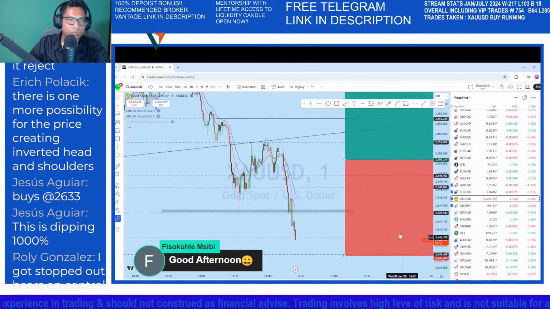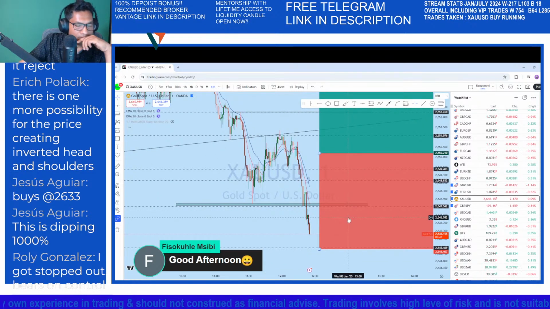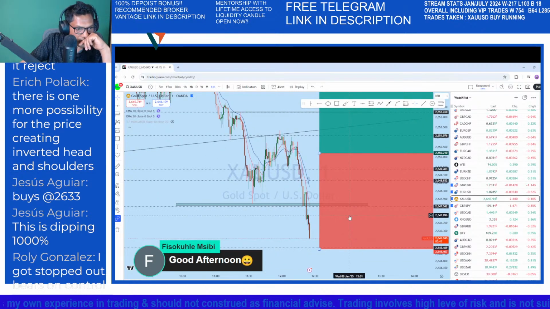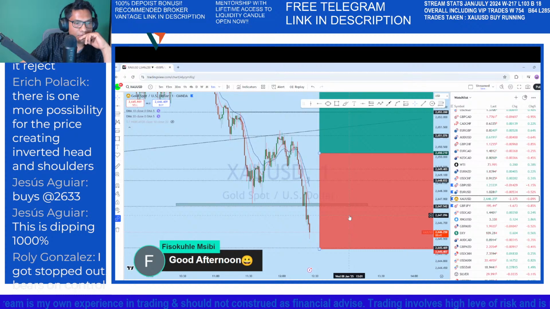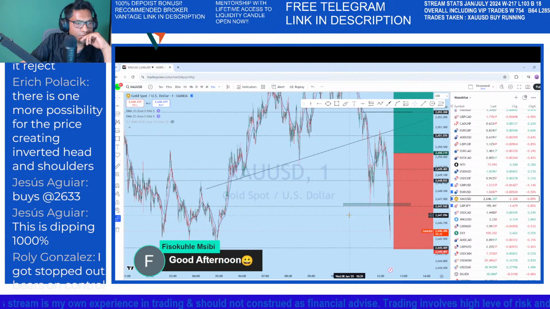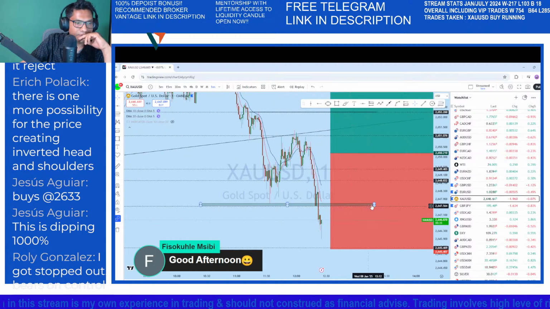See what's happening next, and we might need to let this trade go. The stop loss is below the support level.